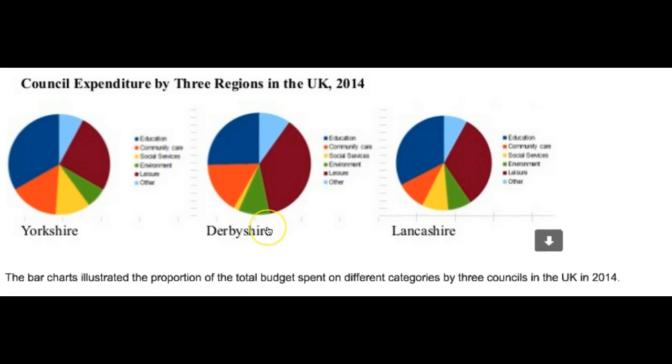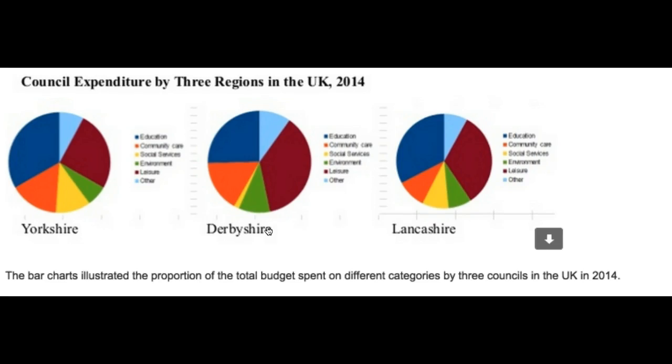So we could say Yorkshire spent the largest amount on education, followed by Lancashire, then Derbyshire, while Derbyshire spent the most on leisure, followed by Lancashire, then Yorkshire. Full stop.